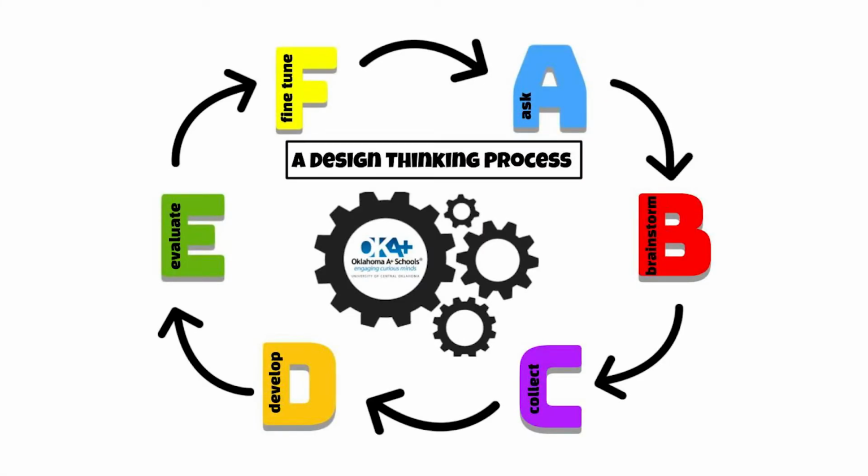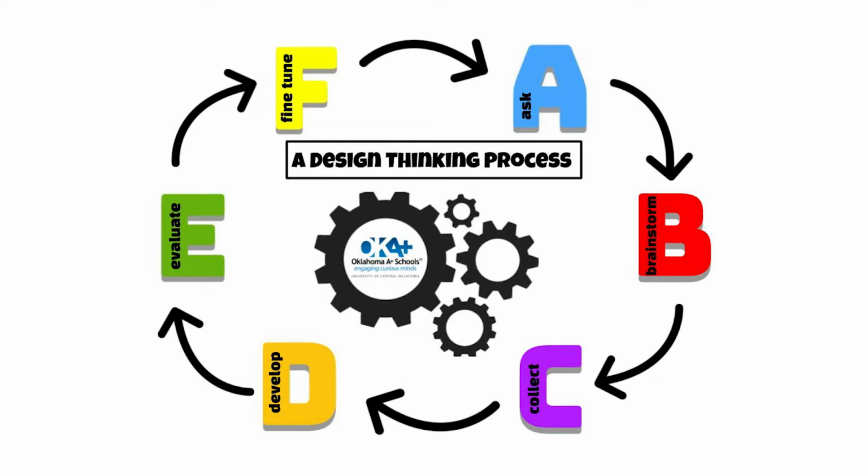With any project, we are going to A, ask, what is the problem or what am I trying to create or solve? B, brainstorm, how can I solve or make what I'm trying to create? C, collect information, data, or use prior knowledge to help you create. D, develop, start creating your project.